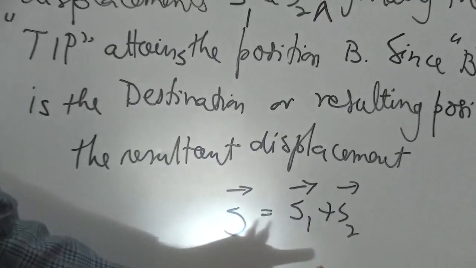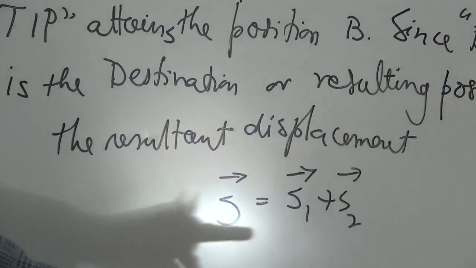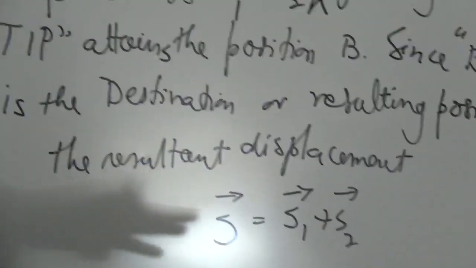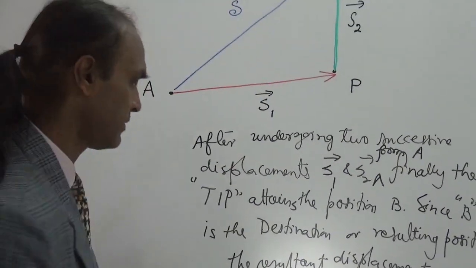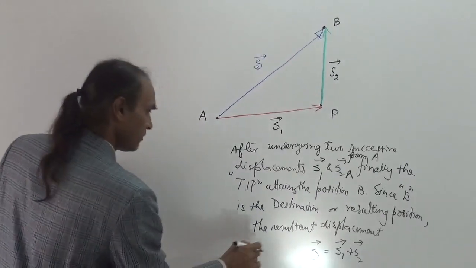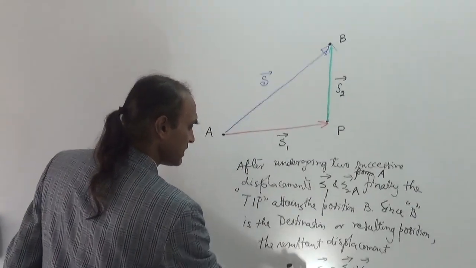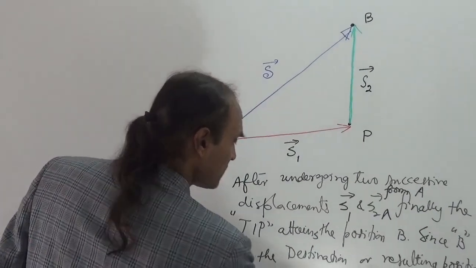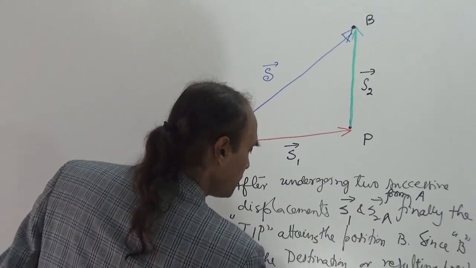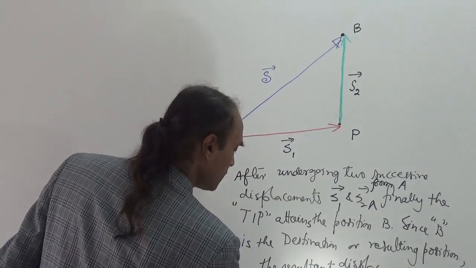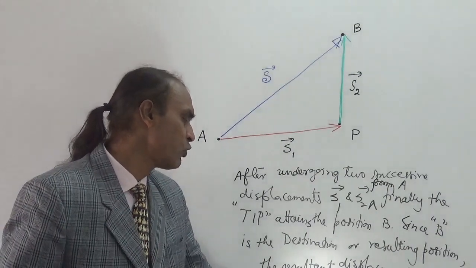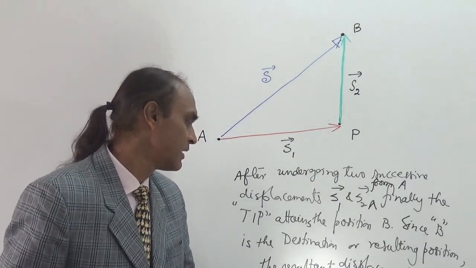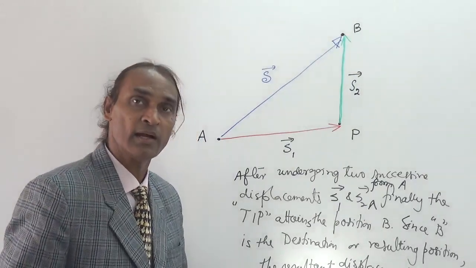Summation means addition, or resultant, addition, summation, net. All these terms are equivalent. So the resultant displacement is given by this equation: S1 plus S2 is equal to S. So the addition of two vectors, two displacements, is equal to the resulting displacement.